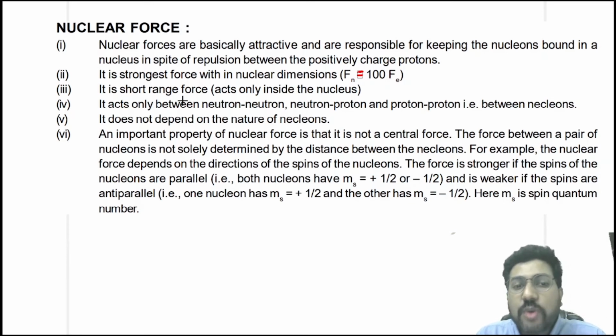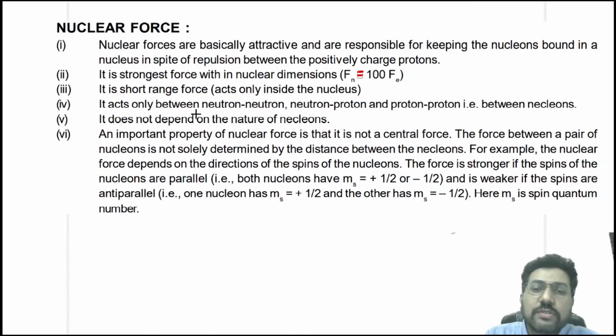It is the strongest force within nuclear dimensions. It is a short range force, but it is the strongest force in that short range, and its range only extends to femtometers. It acts between neutron and neutron, neutron and proton, and proton and proton.